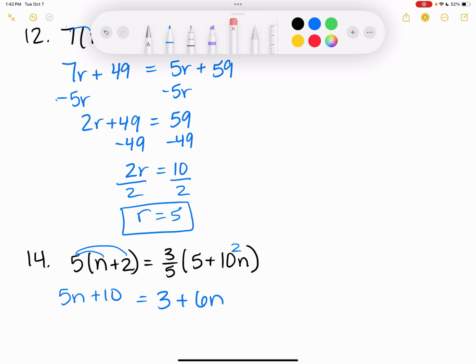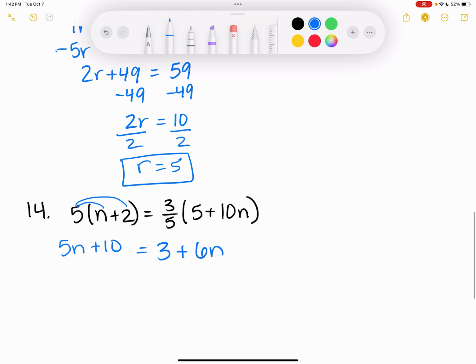All right. So now, what do y'all want to do next? Subtract 5n, then this actually works out nice because I got 10 is equal to 3 plus n. Now, when I do my next step, I'm completely done.